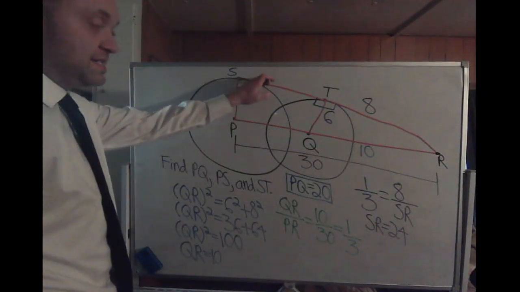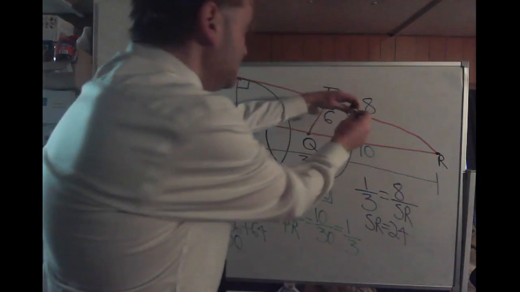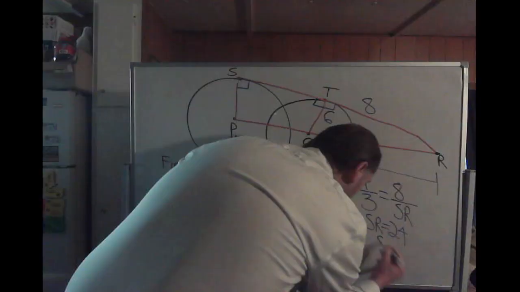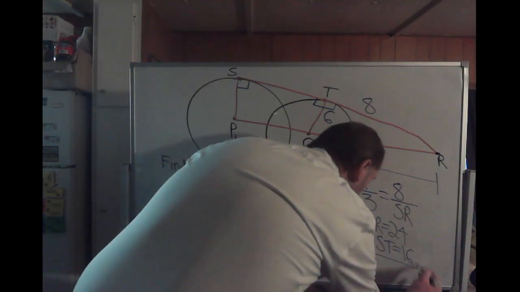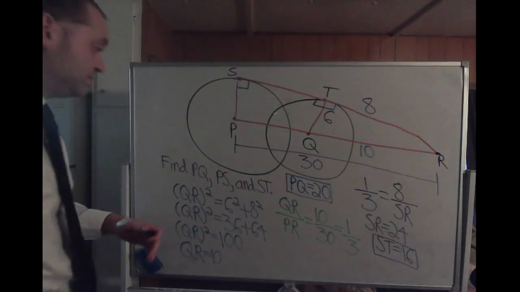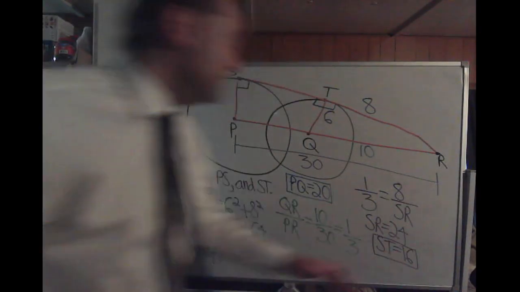Well, to find ST, you'll just take the whole 24 minus 8. That can only mean that ST would have a length of 16. So we found ST to have a length of 16.